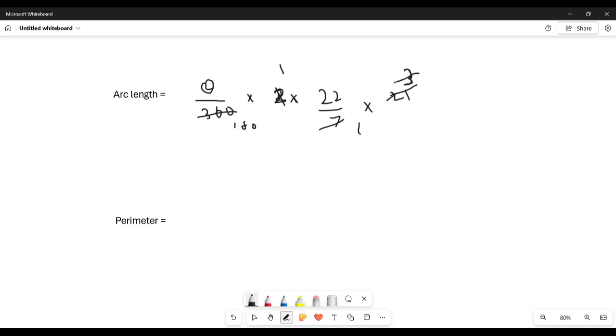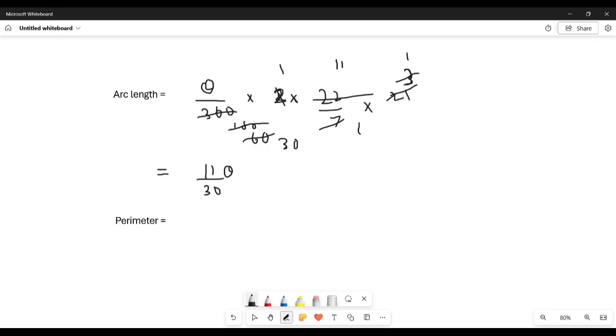And you can also cut these. 3 times 60 is 180, and then here you can cut more. 2 times 11, 2 times 30. Yeah, that's it. So we'll be left with what? 11 over 30 theta. So 11 theta over 30.